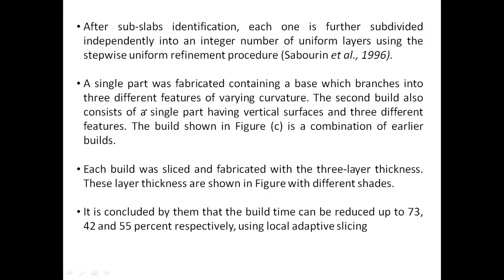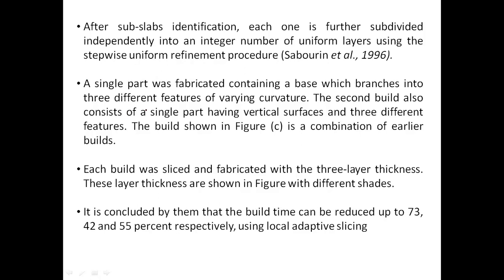But the problem came out in a different way, with regard to geometrical efficiency or geometrical deviations. Since some parts had thinner layers and some parts have thicker layers in the same model, geometrical inaccuracy started creeping in at different sections, which was very difficult to control, because thinner layers actually create better geometrical accuracy.